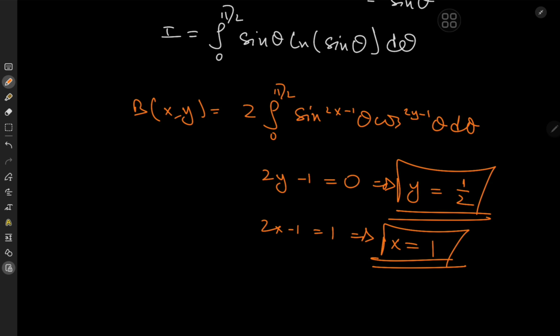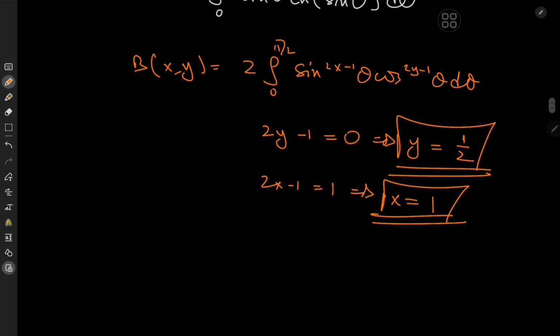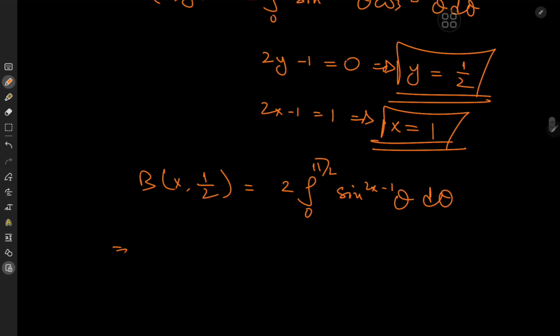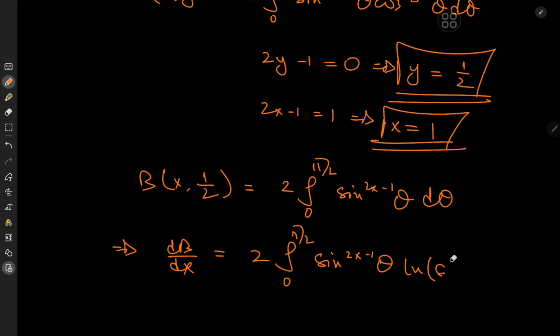But of course, we're not going to plug in x equal to 1 right now because we want to treat this as a function of x, so beta of x and 1/2 equals twice the integral from 0 to pi over 2 of sine to the 2x minus 1 of theta d theta. And differentiating this with respect to x gives us d beta over dx equal to twice the integral from 0 to pi over 2 of sine to the 2x minus 1 of theta times log sine theta.